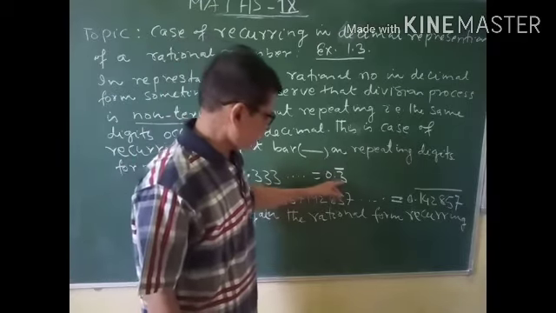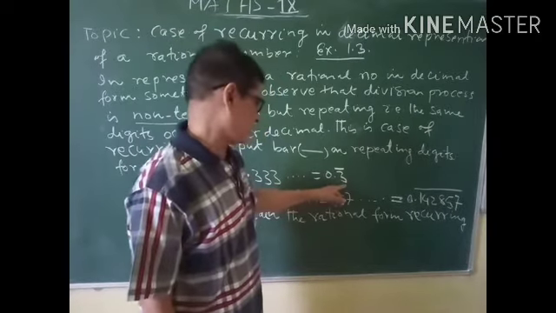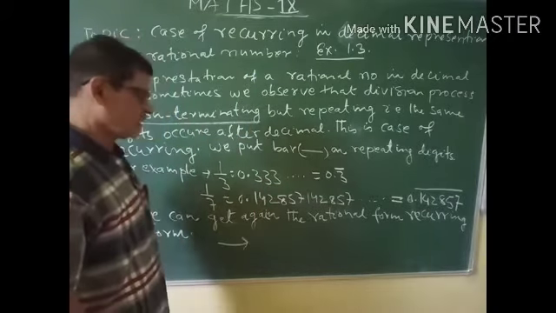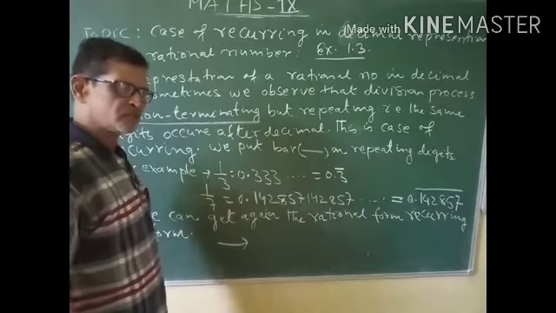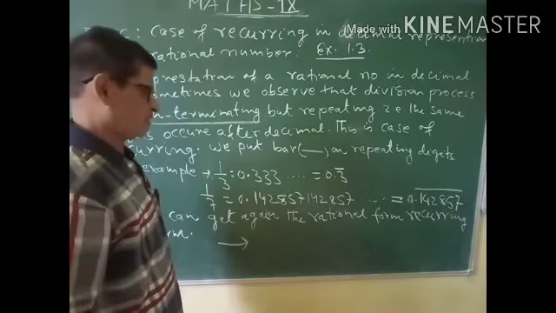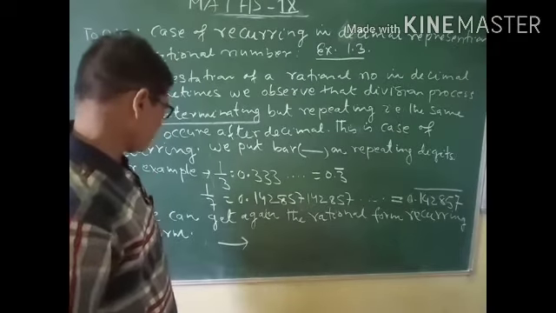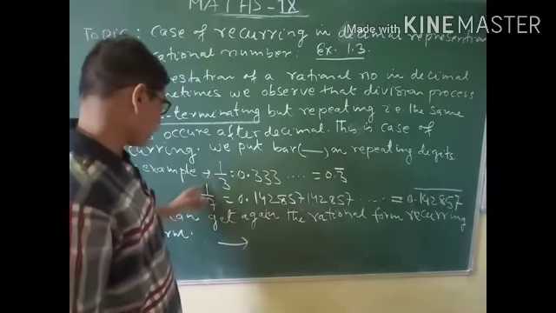It means the repetition of the same digits again and again. It doesn't terminate. In the case of recurring, the division process continues and the same digits repeat again and again. Similarly, we can write here 1 by 7.